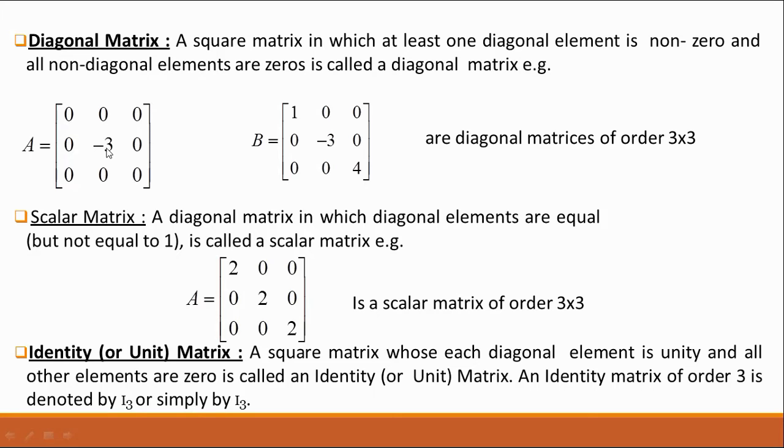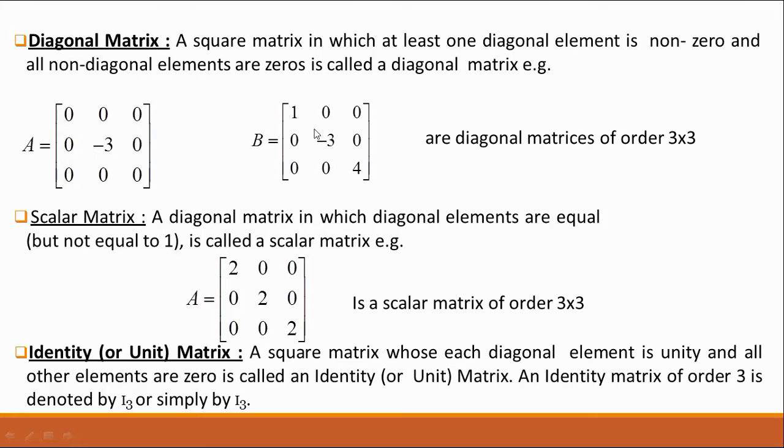Simply, if at least one element is non-zero in the diagonal line, then the matrix will be a diagonal matrix. For example, in this matrix, you see -3 is a non-zero element in the diagonal line. So this matrix is called a diagonal matrix.